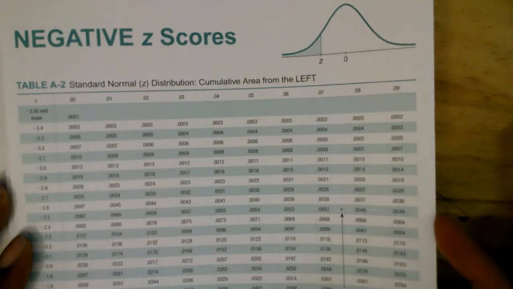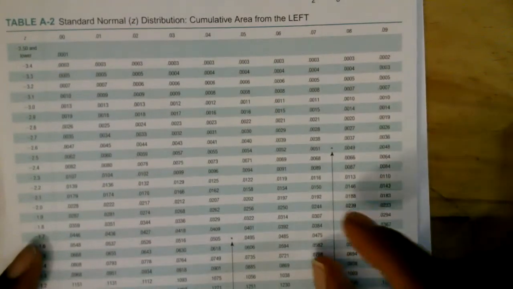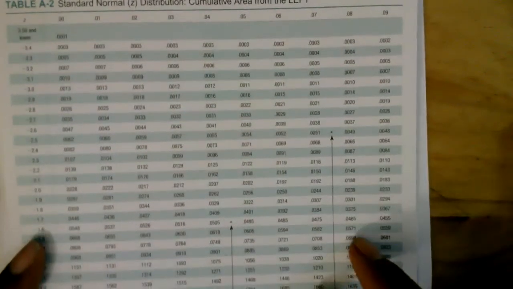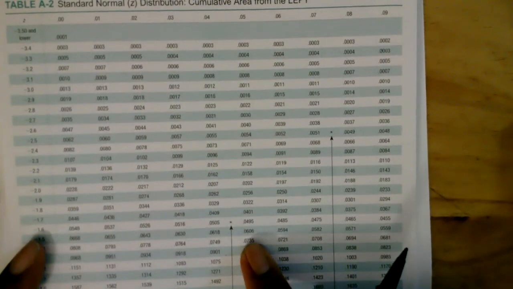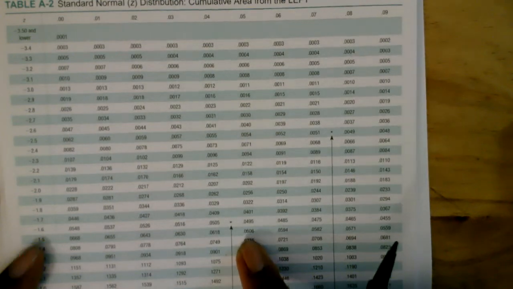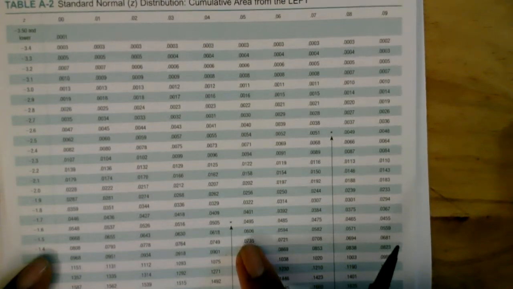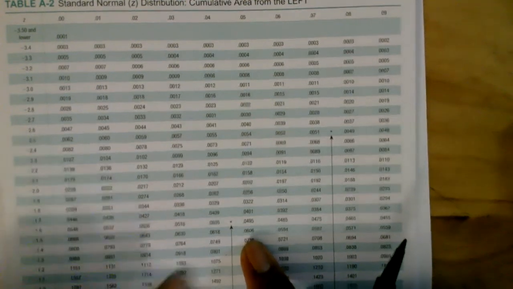We need to find the value that's close to 0.0600. Okay, I'm going to use this one, 0.0606. That's closest to 0.0600.